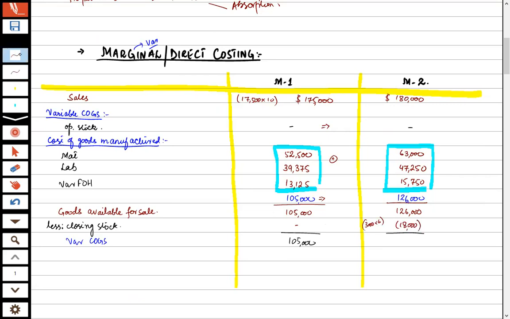So it would be 126,000 minus 18,000. The cost of goods sold would be 108,000.